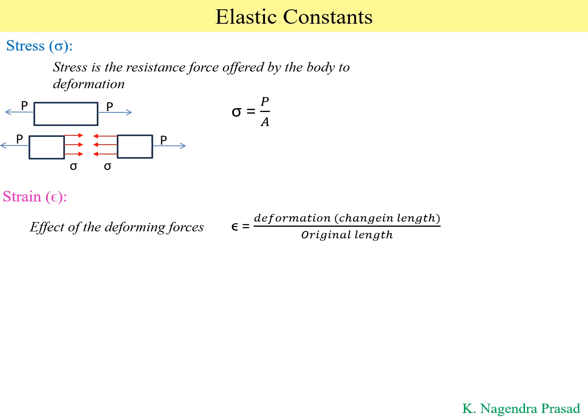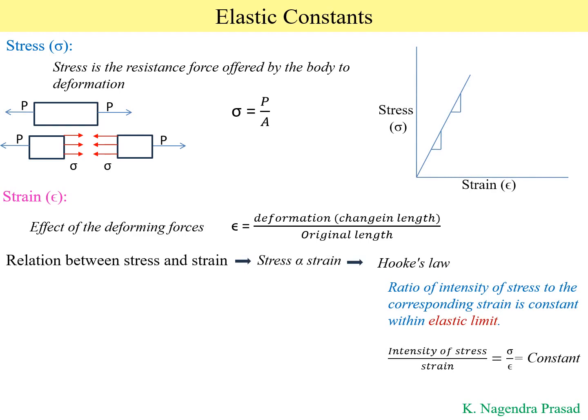Then what is the relationship between the stress and the strain? We know that when we increase the forces, the deformation will increase. When we increase the applied forces, obviously its dimensions will increase.